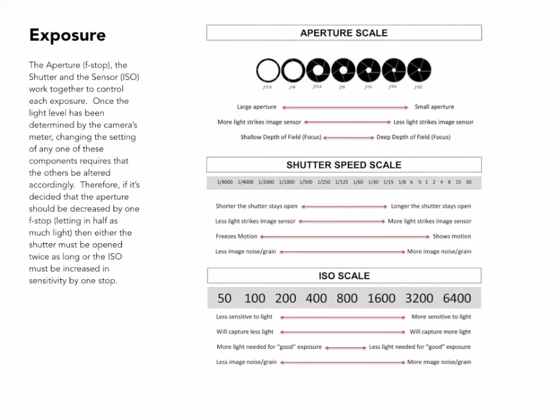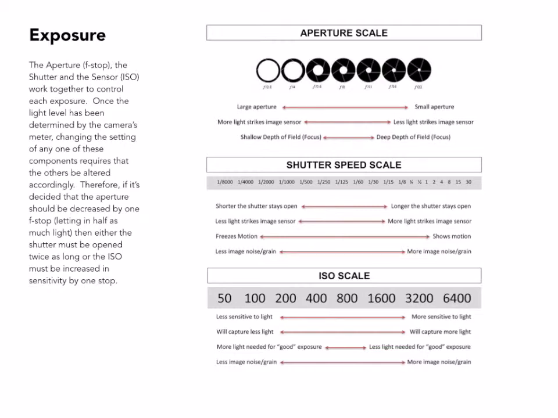These are the basics of exposure in a nutshell. Three things determine exposure: the aperture, the shutter speed, and the ISO, or the sensitivity of the sensor at the time of exposure.